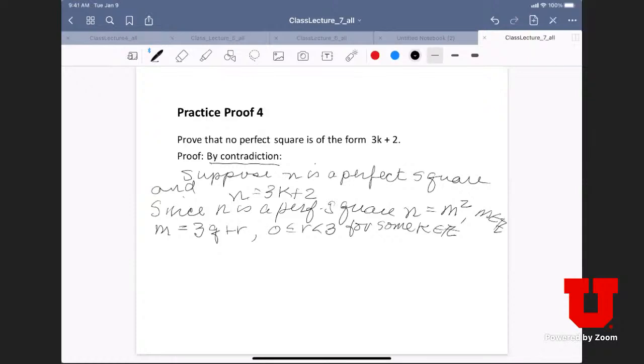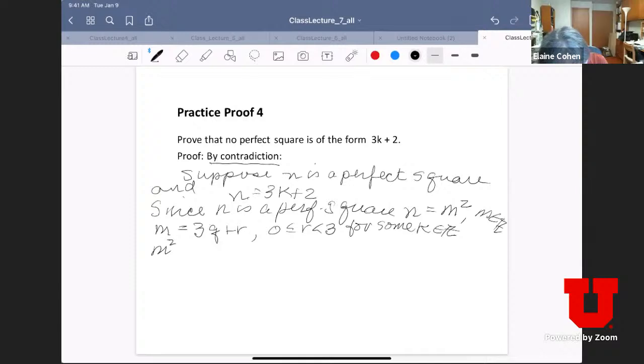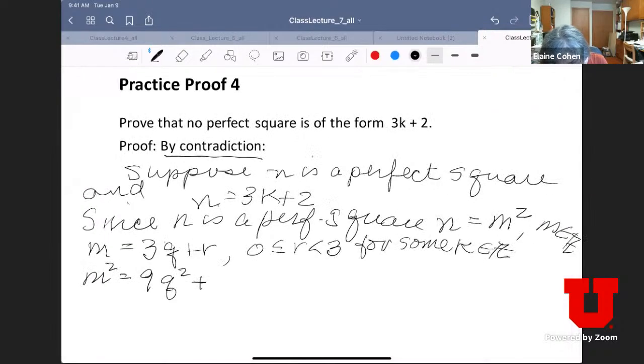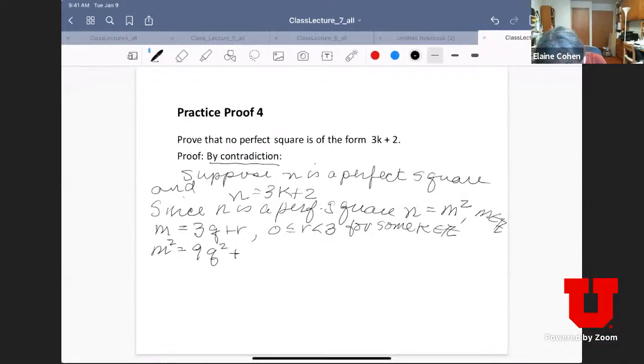In that case, m squared is equal to 9q squared plus 6qr plus r squared. Remember, we're going to have to factor out a 3 to show that it's impossible.